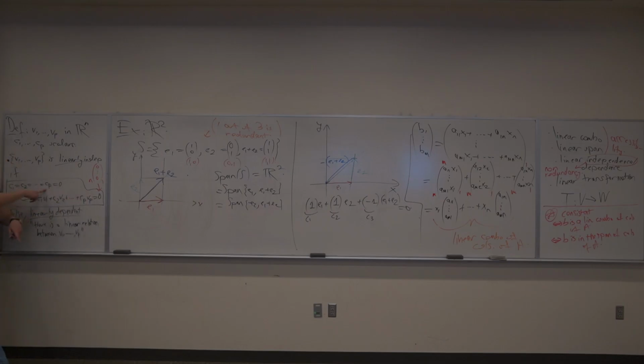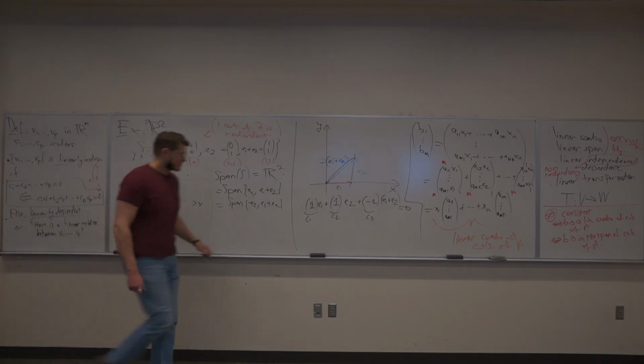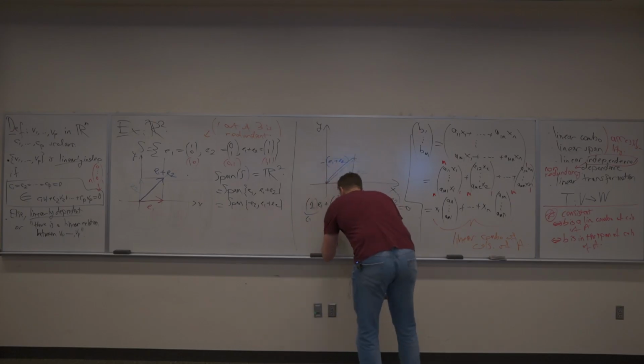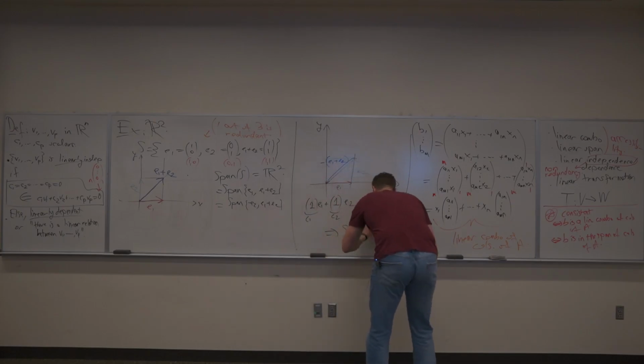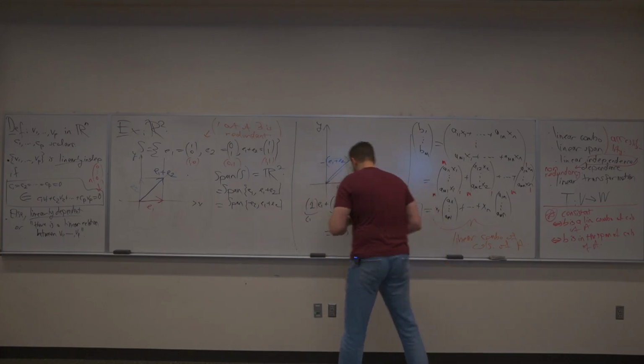But I was able to move, actually. The coefficients are not 0. So this specific set fails to be linearly independent. In other words, it's linearly dependent. S is linearly dependent, LD.